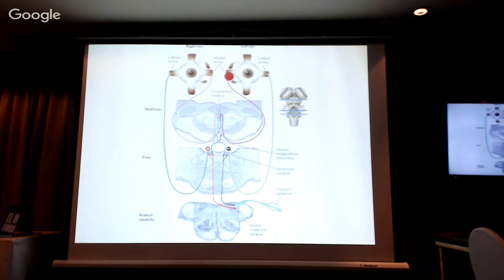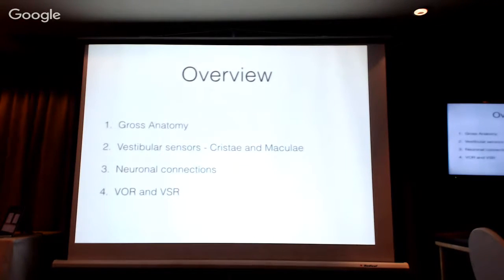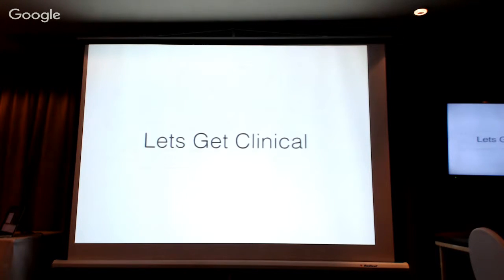So I think my short presentation was concentrated on the gross anatomy and the vestibular sensors, the cristae and maculae, and how the neuronal connections are there, and how the vestibulo-ocular reflex and vestibulospinal reflex are brought about. So with that background knowledge, let's move on to clinical stuff, which is more important and interesting than the fundamentals.